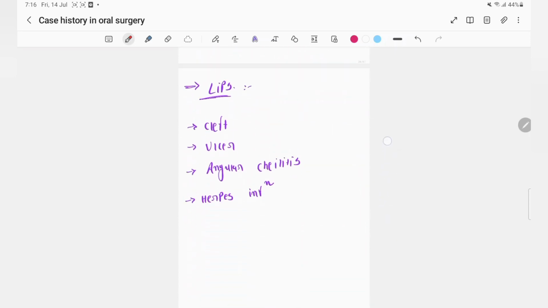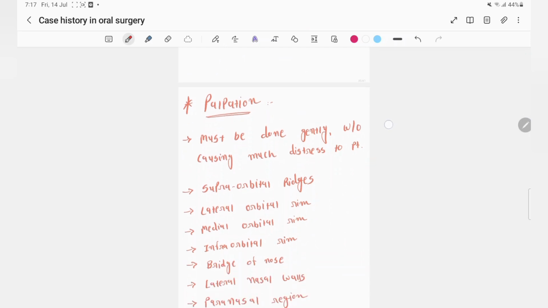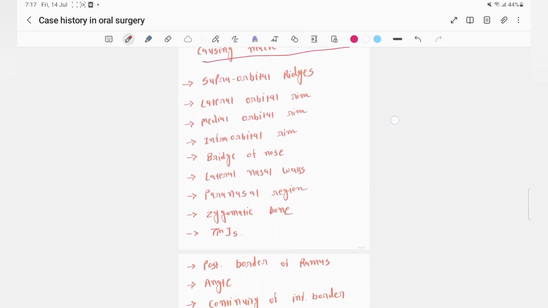Now moving to lips. In lips, you have to examine any cleft, ulcer, angular cheilitis, or any herpes infection. After this, we are moving towards palpation, which must be done gently without causing much distress to the patient. So you have to palpate all these parts.